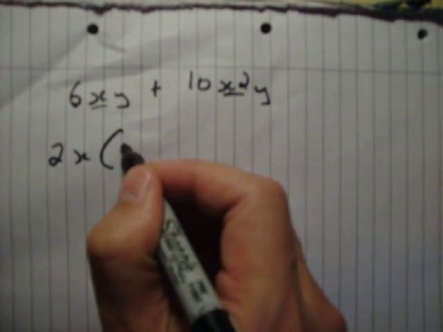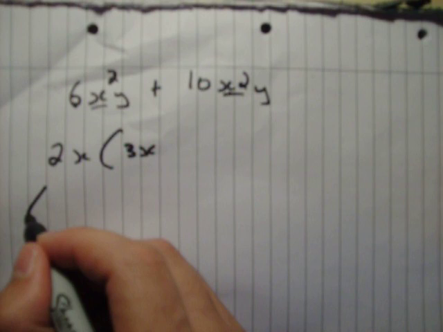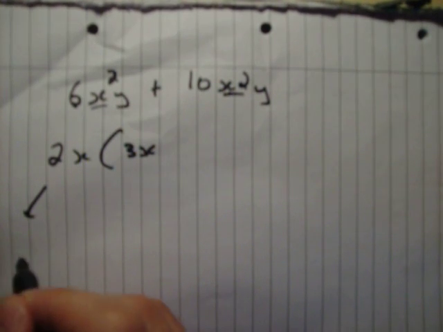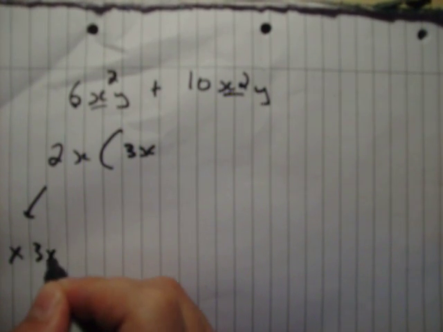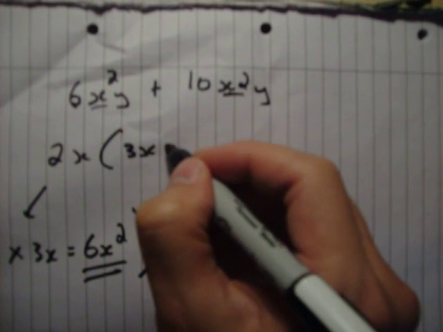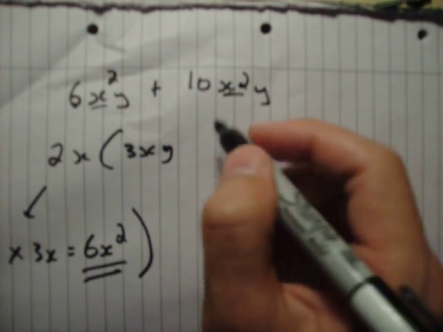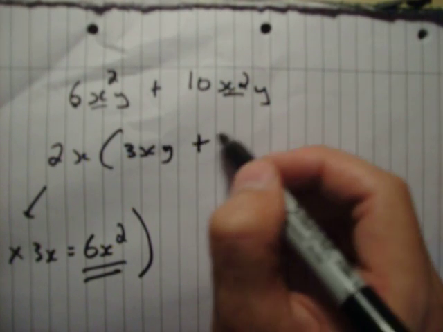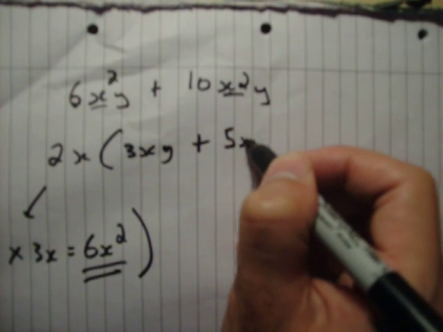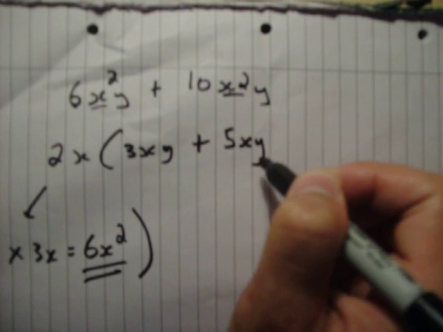2x, 3x. Sorry. Have a look at this. 2x times 3x equals 6x squared. Y plus 5xy.